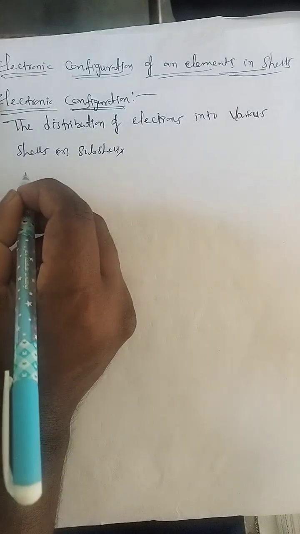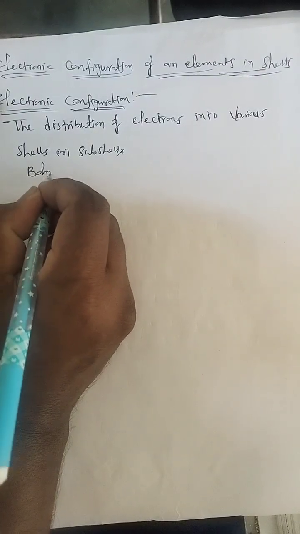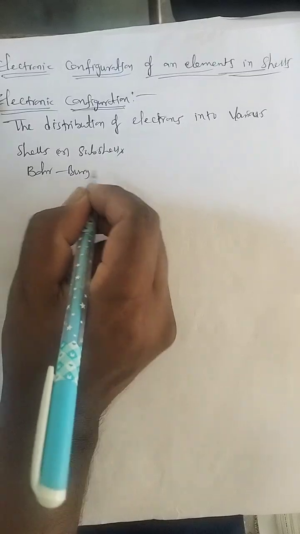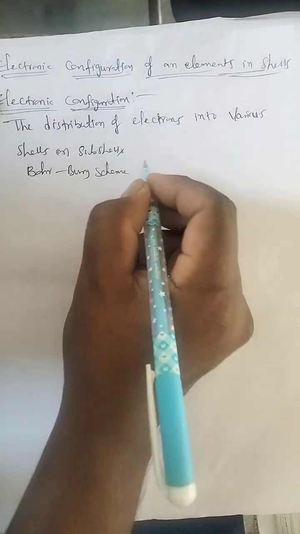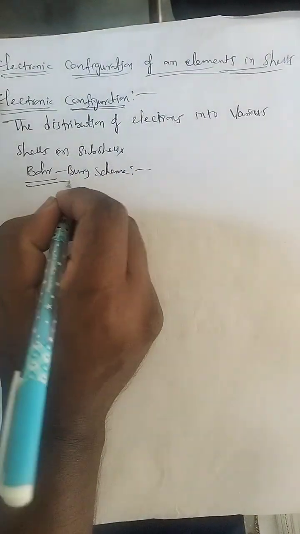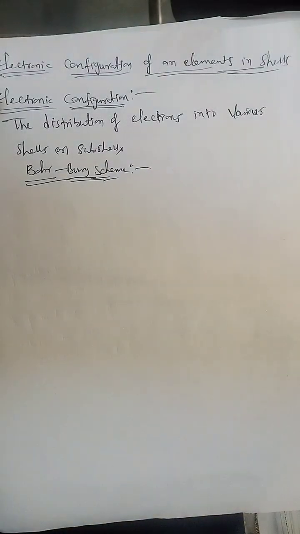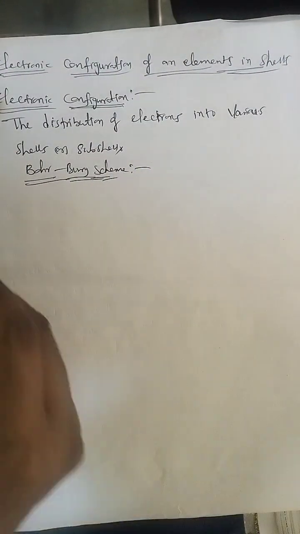This electronic configuration is represented in shells by the Bohr scheme. According to Bohr, who is a scientist, there are some guidelines given.